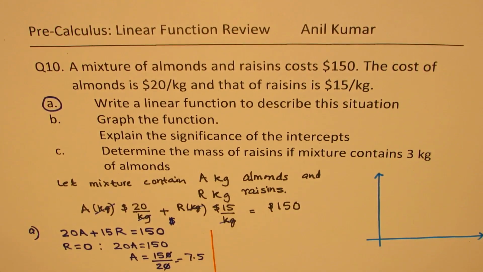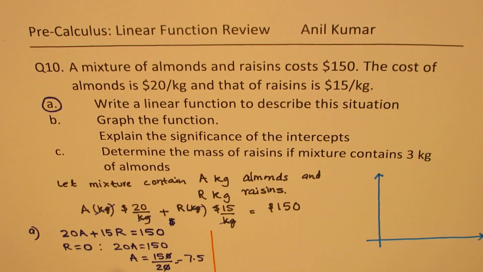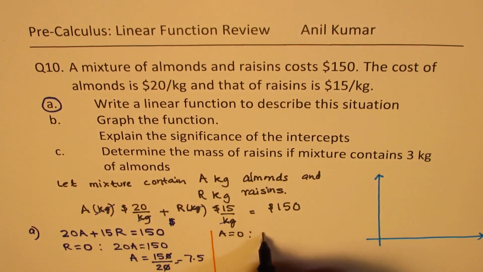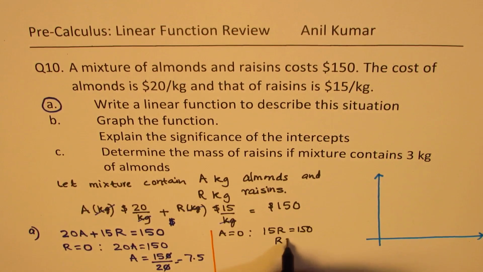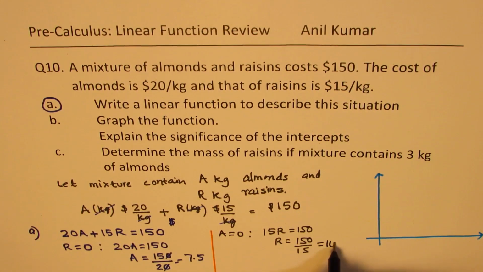Similarly, we can also substitute the value of A as 0. So if A equals 0, then 15R equals 150, or R equals 150 over 15, which is 10.